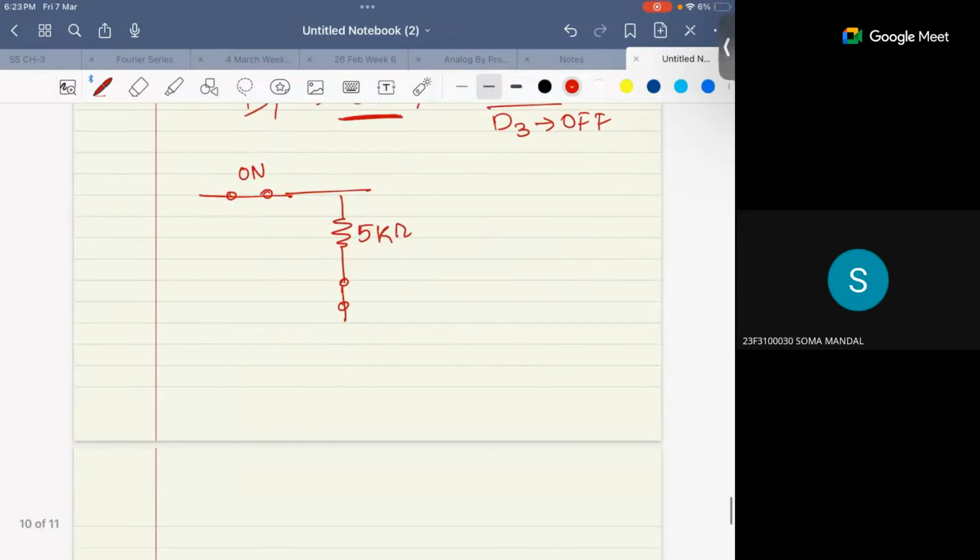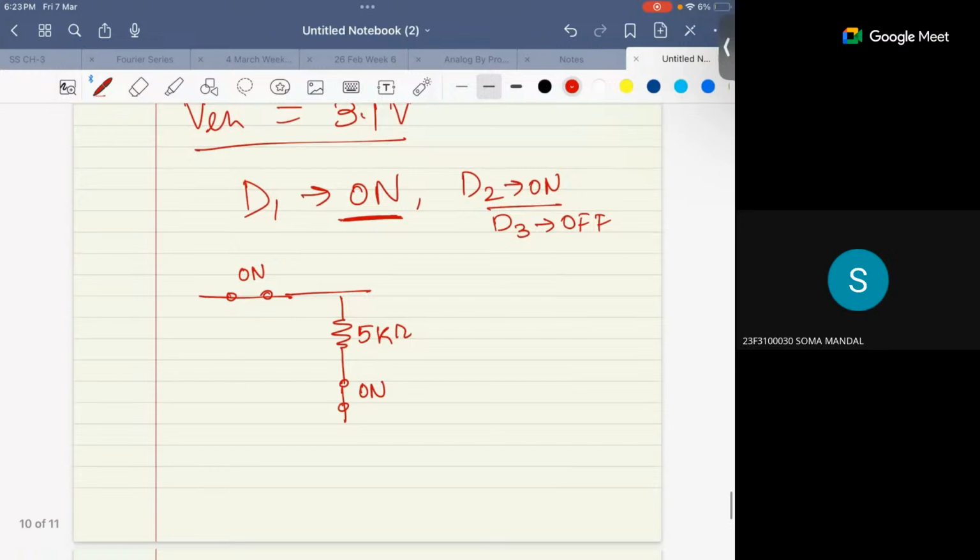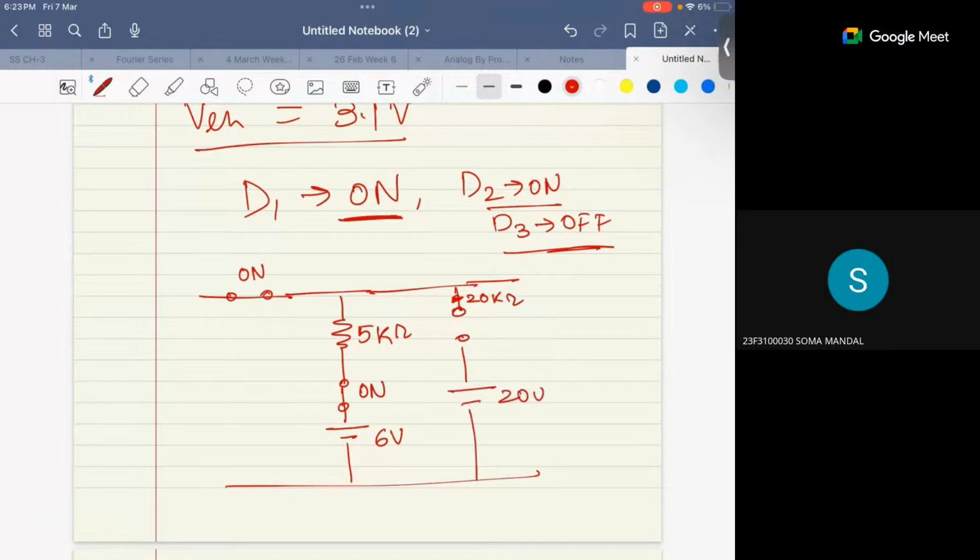Now D2 is on, and we have attached 6 volt here. D3 we are assuming to be off, and here we have a resistance of 20 kilo ohm. That is not going to make any difference. This is off, and then you have a voltage also 20 volt, correct? And you have a resistance attached here, 5 kilo ohm, and here also you have a resistance 2.5 kilo ohm.